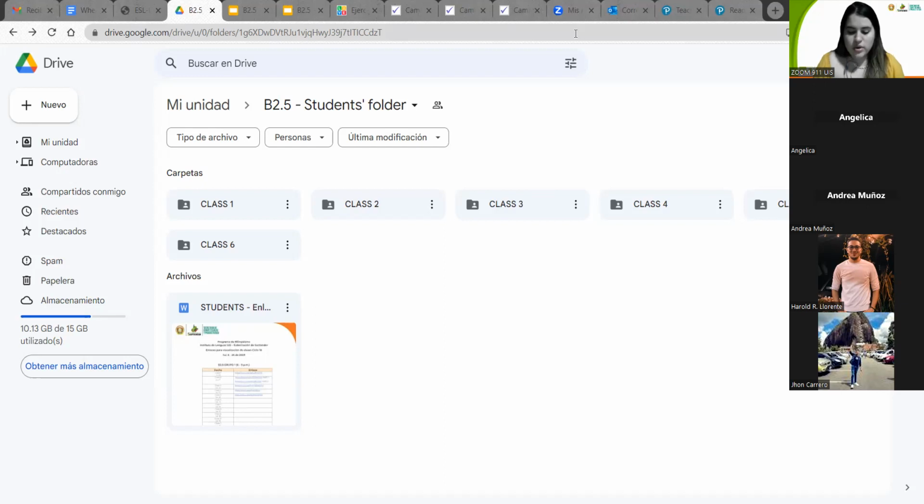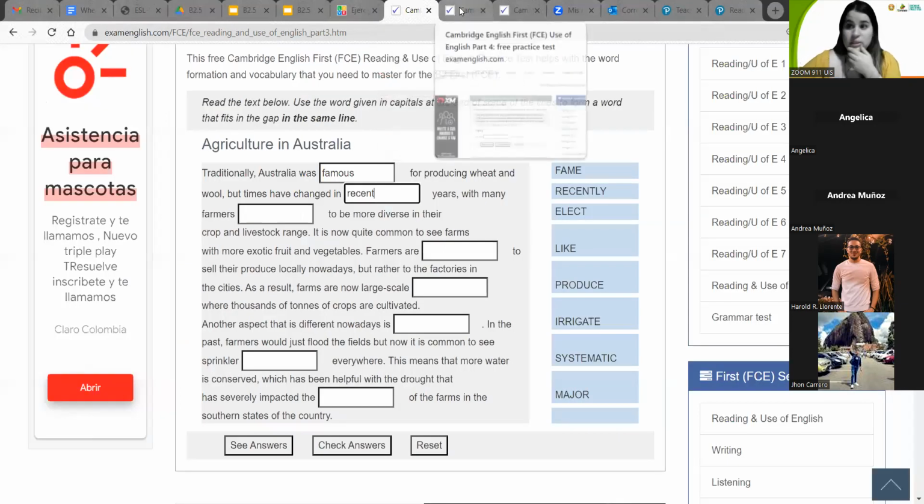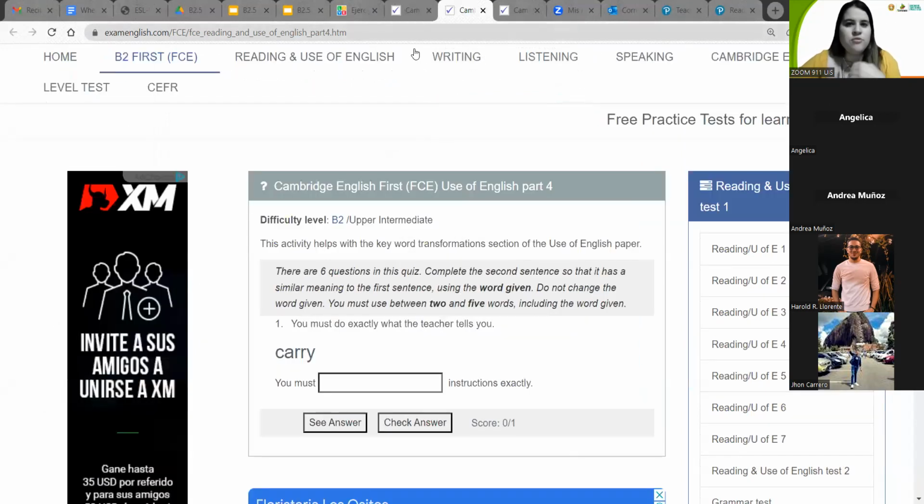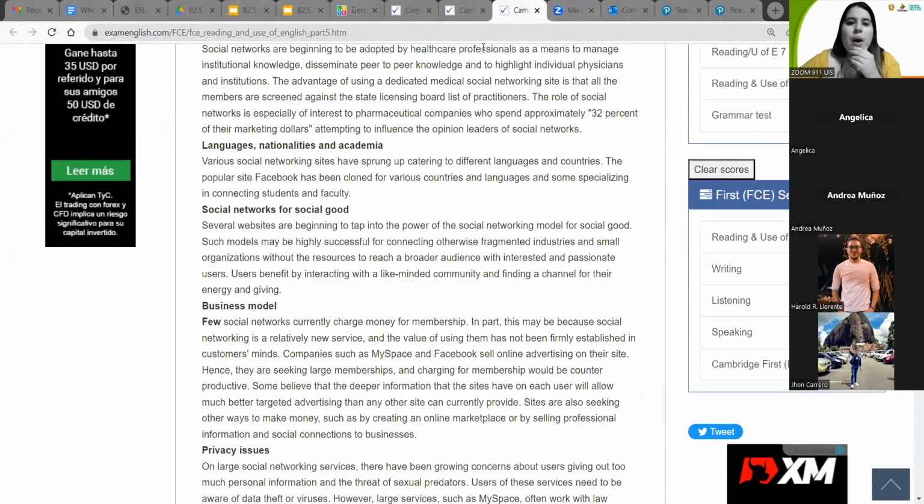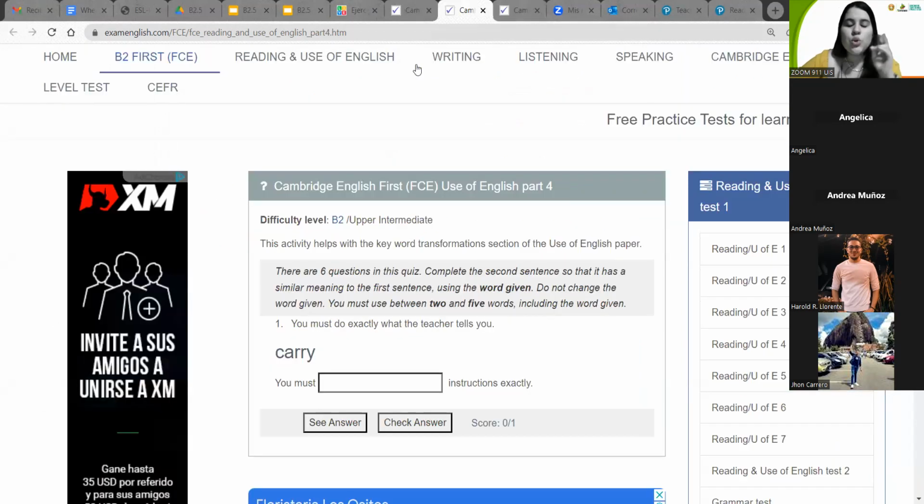Alrighty. So we are going to move on, and we are going to do some practice, okay? So right now it's 7:14, so we have like 15 minutes. And we are going to do practice of part number 4 and part number 5. So in this part 4 of the exam, there are 6 questions in this quiz. You have to complete the second sentence so that it has a similar meaning to the first one.